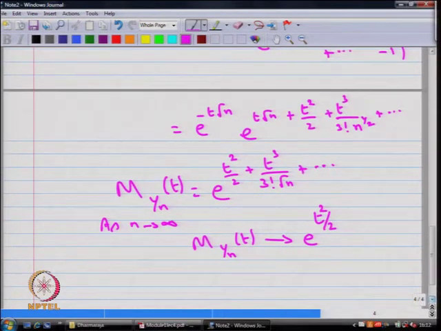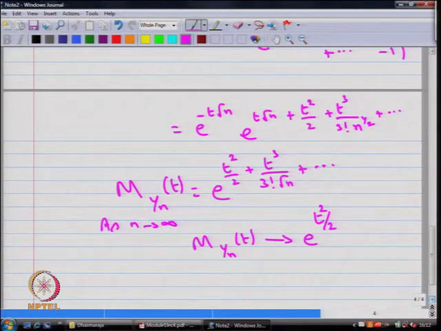If you recall the moment generating functions of standard distributions, one can conclude this is the MGF of a standard normal distribution.